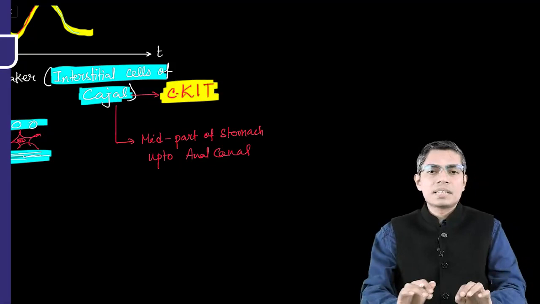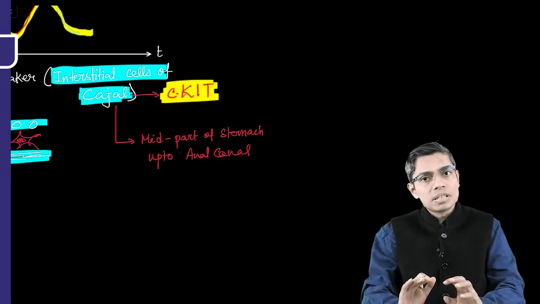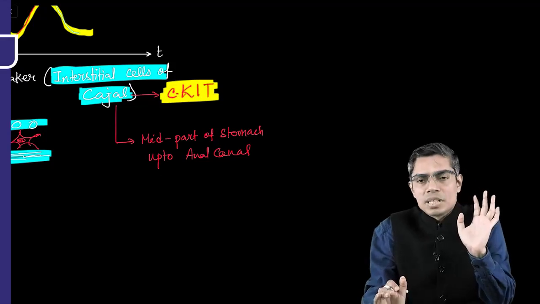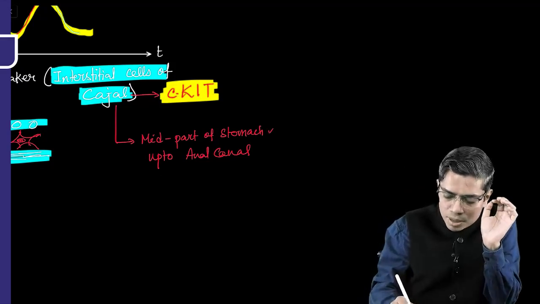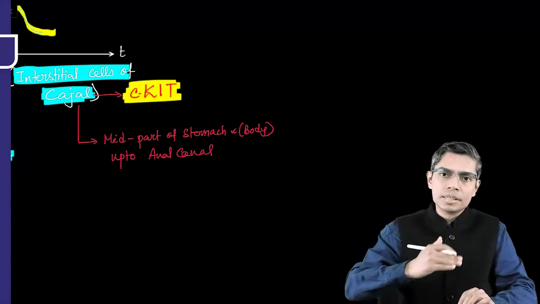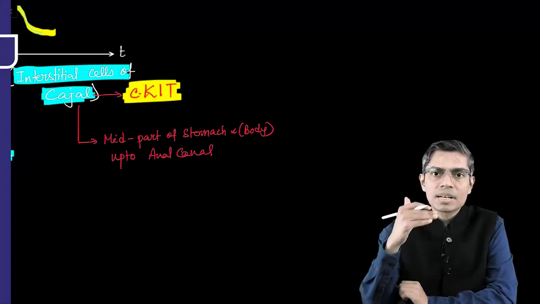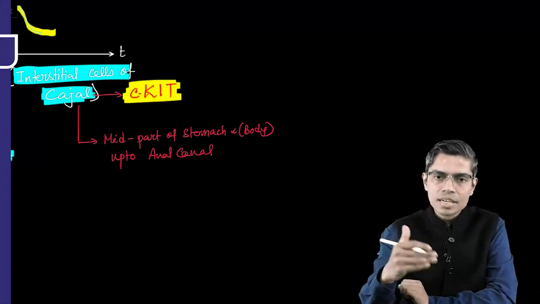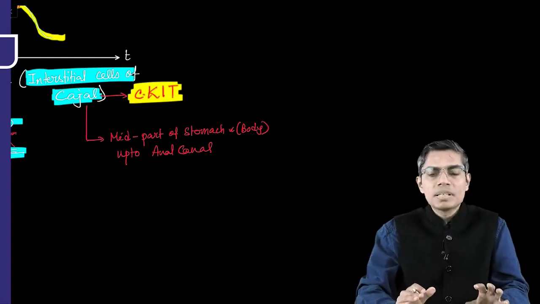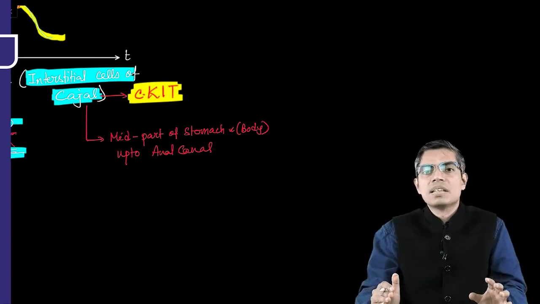But they are not present at the level of the esophagus, or even at the fundic and cardiac end of the stomach. They start from the mid part of the stomach, somewhere in the body region, and then are present throughout the other part of the stomach, as well as the small intestine, the large gut, and up to the anal canal, right? So you have to remember where these interstitial cells of Cajal are located.